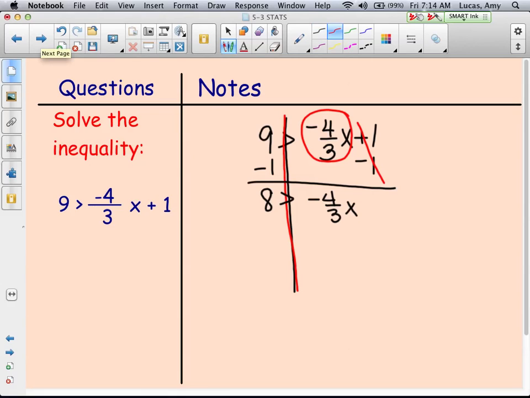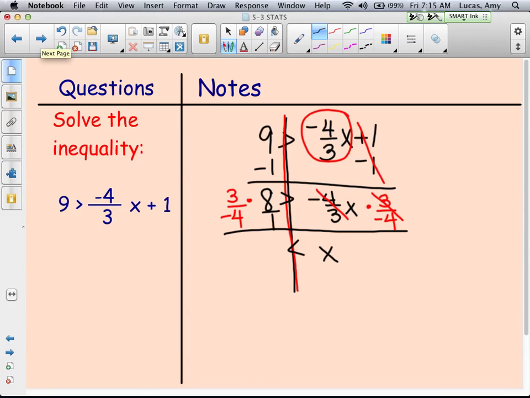Then we've got two options. We can either do 2 more steps, or we can multiply by the reciprocal. So I'm going to multiply by the reciprocal to cancel out the entire fraction in one step. But if you would prefer, you could split it into 2 steps, where you would be multiplying by the 3 and dividing by the negative 4. Now because I'm multiplying by a negative, I do flip my symbol.